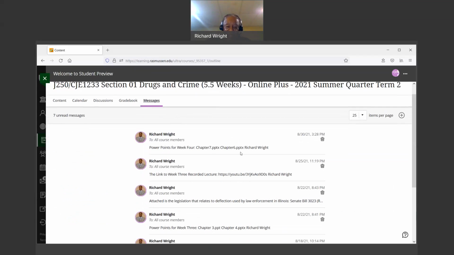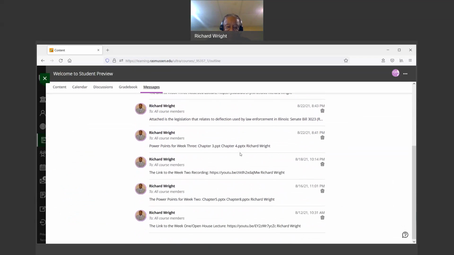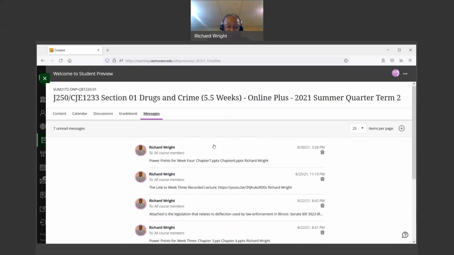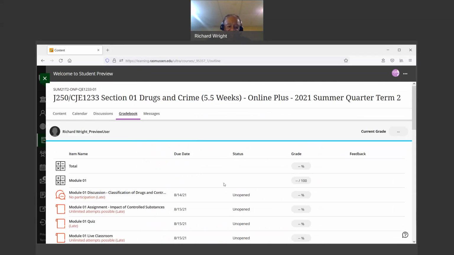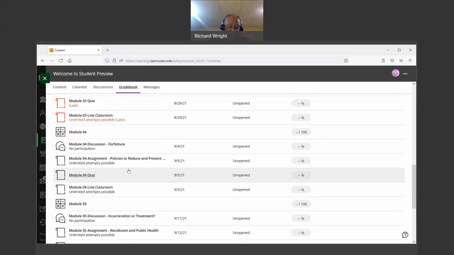You can see the messages where the PowerPoints were sent to you, the recorded lectures. And then let's take a look at the grade book. In looking at the grade book, you can see the assignments for this week: the discussion post, your written assignment, and then of course your quizzes that you have every week, which are timed.